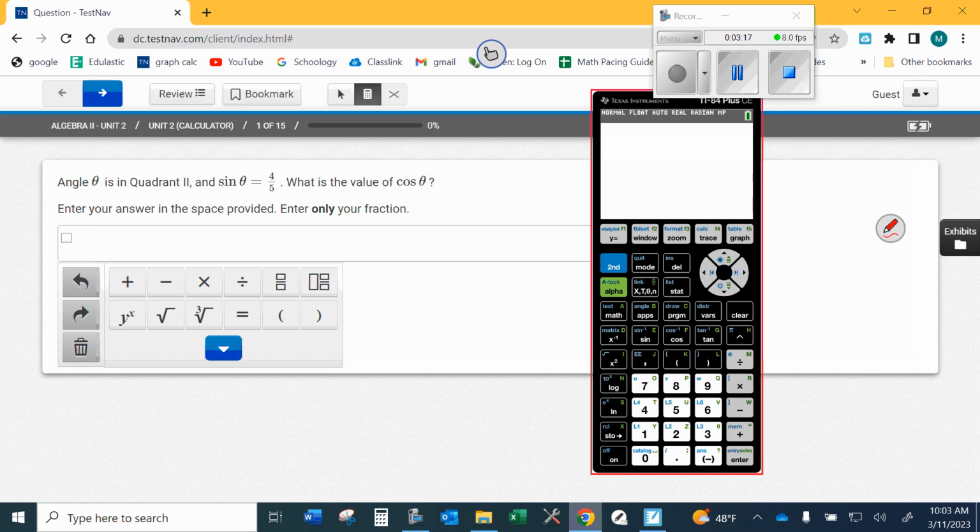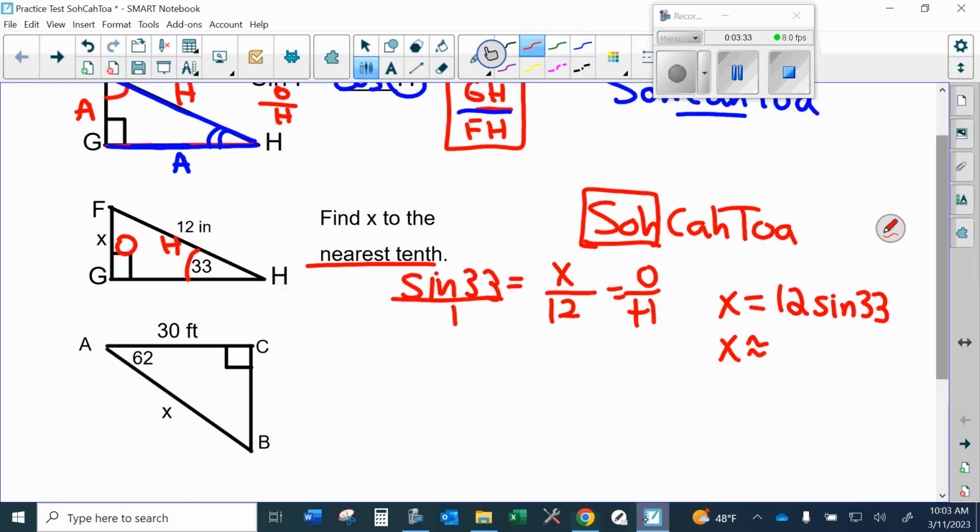So I bring up the calculator, check my mode, make sure it's in degrees. Remember, by default, it's in radians. Change to degrees, and now I am doing 12 sine 33. Enter. 6.5 would be the approximate length right there. So 6.5 inches.